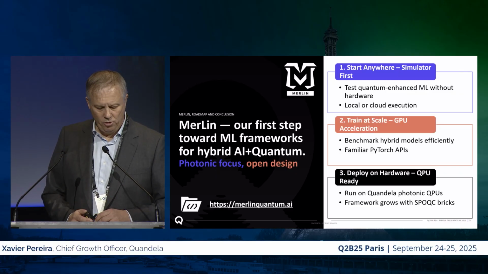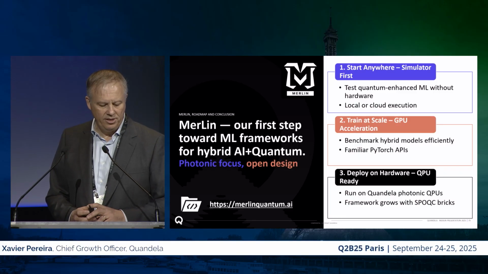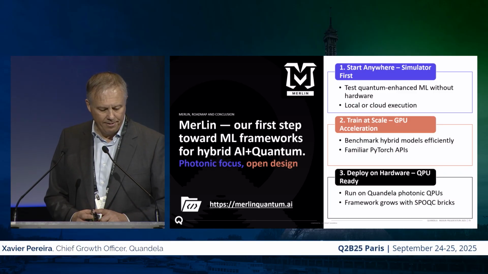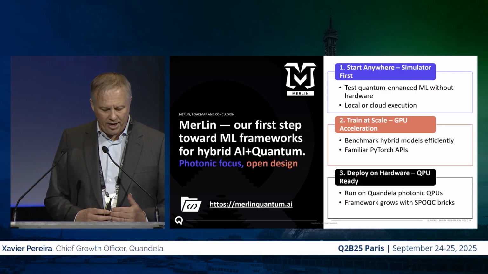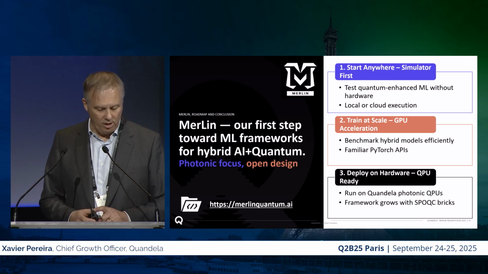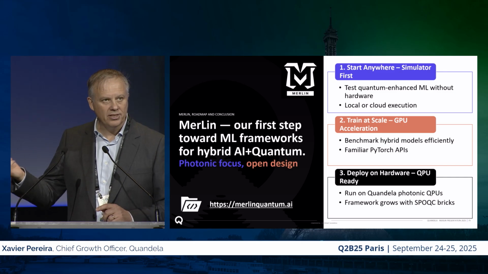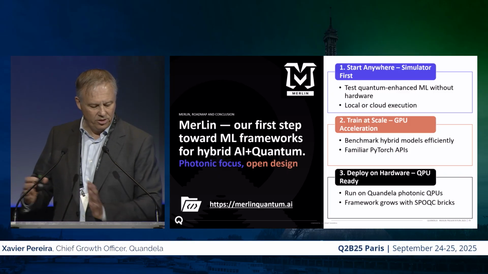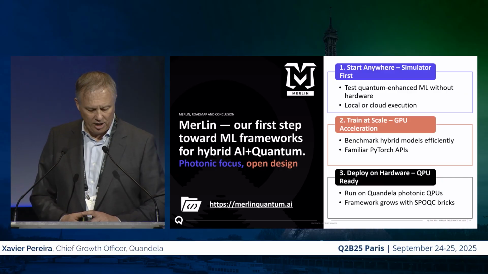Step two, you can train at scale using GPUs and benchmark hybrid models systematically, just like in AI. And step three, when a workflow looks promising, you can deploy it directly on Quandela's photonic QPUs, and as Pascal Senellart mentioned before, as advances bring entanglement and feed-forward, MerLin evolves with the hardware.